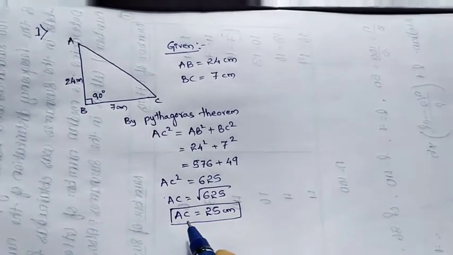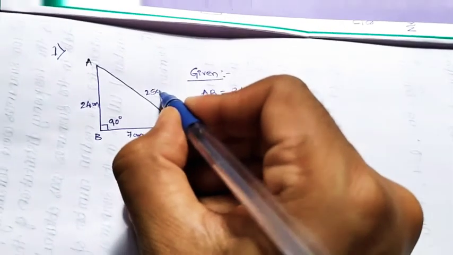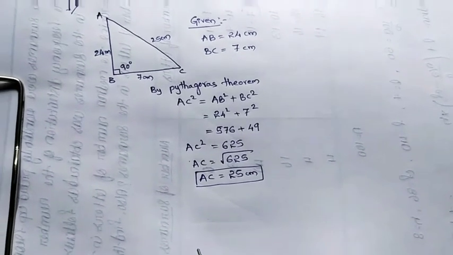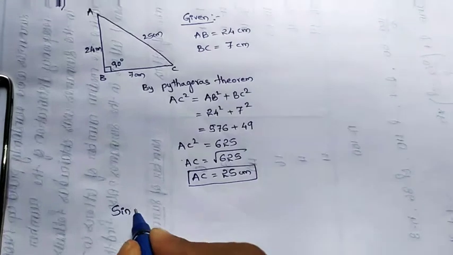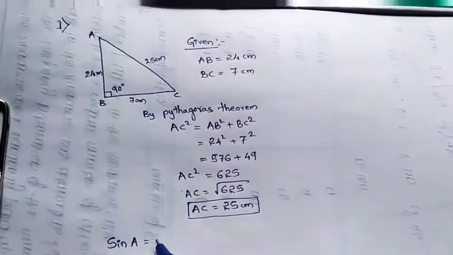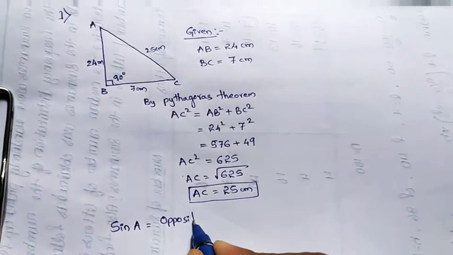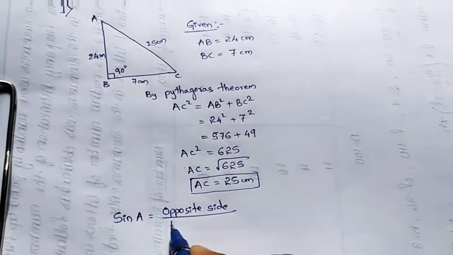Okay. Now what do we have to find? We have to find sin A and cos A. First, sin A. Where is A? A is here. What is our formula? Opposite side by hypotenuse.